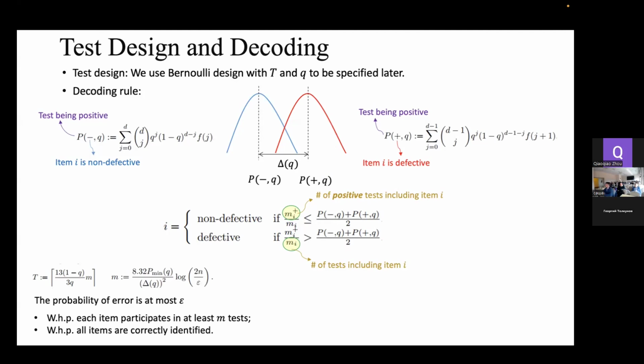Second, we will prove that all items are correctly identified. Now you can say we already proposed a scheme which says that if you use this number of tests, you can with high probability correctly identify the subset. But currently the characterization of this number of tests is implicit. It depends on some parameter, delta Q, which we haven't calculated.